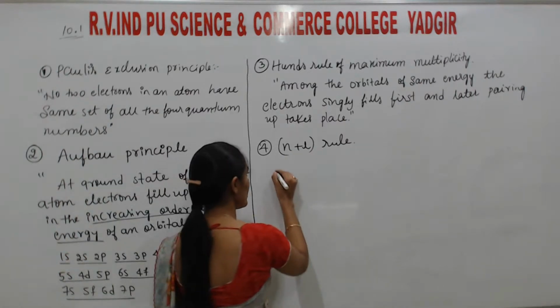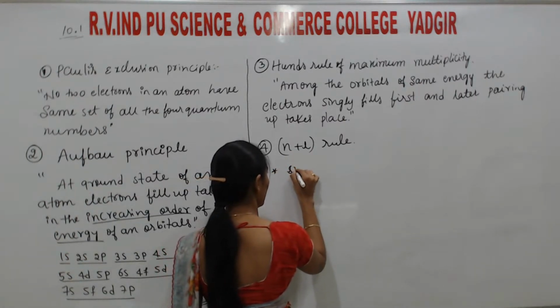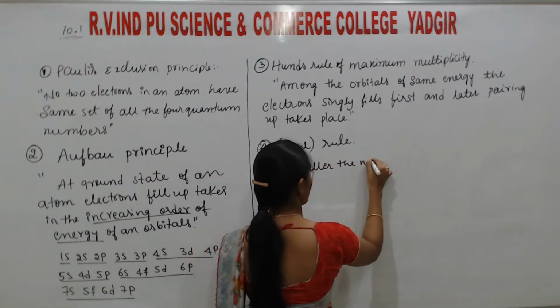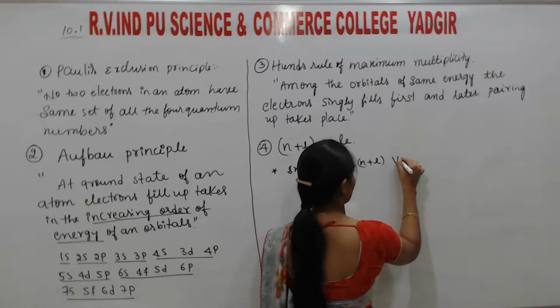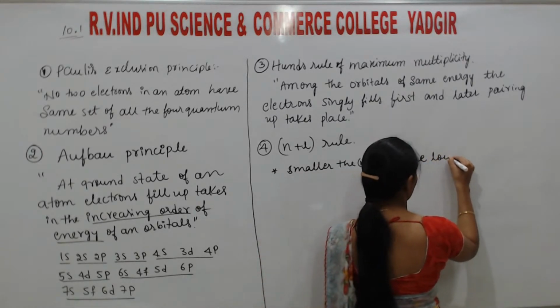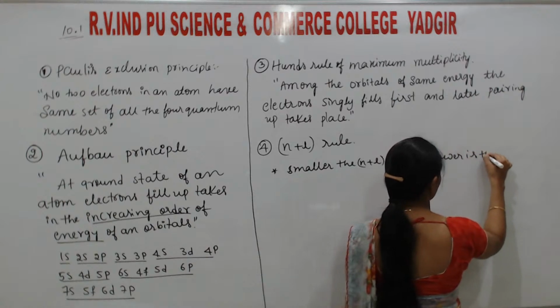So what are the conditions here? The smaller the n plus l value, the lower is the energy.